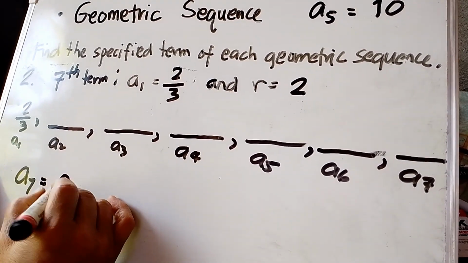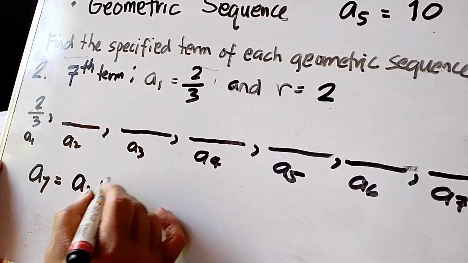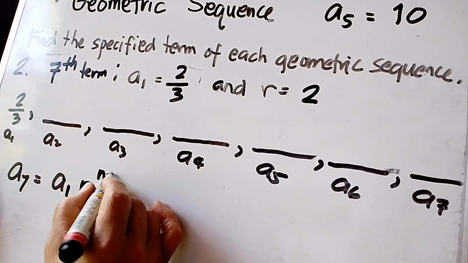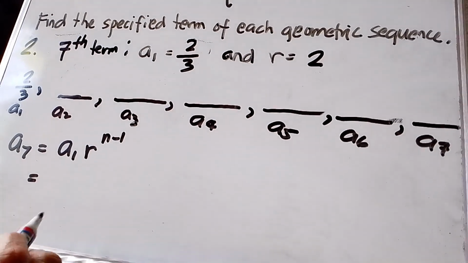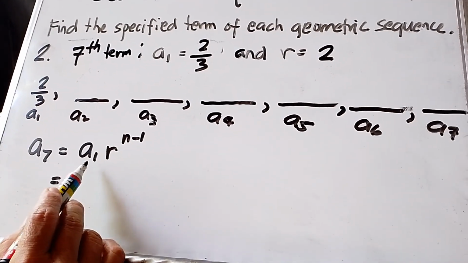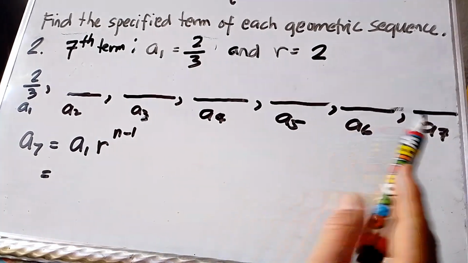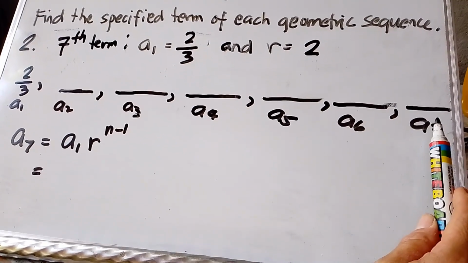And then the formula is a7 is equal to a1 times r raised to the power of n minus 1. Substitute from the equation, which is a7 is equal to a sub 1 times r to the n minus 1, because we need the a7 in here.